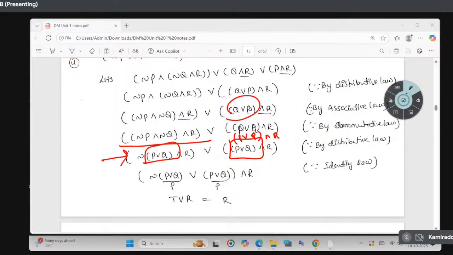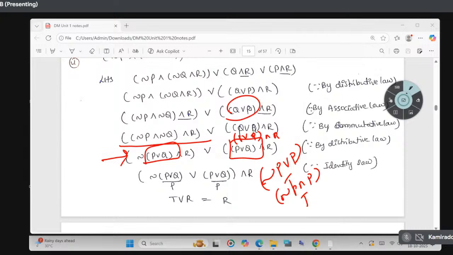Negation of P and P, negation of P or P, what am I going to get? T. Negation of P and P, what am I going to get? Again T. Right.